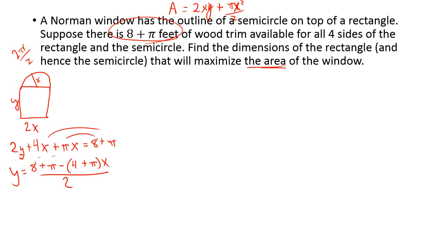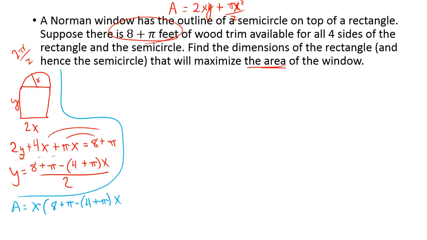Now we're going to take this and plug it into that area formula for the y values. So that means our area will be equal to 2x times y, that is x times (8 plus pi minus (4 plus pi) x), plus pi x squared all over 2.